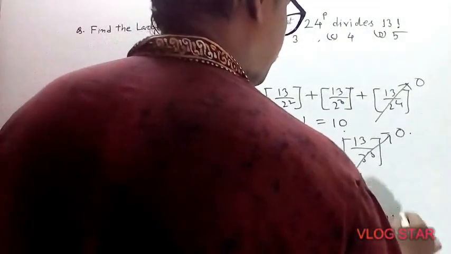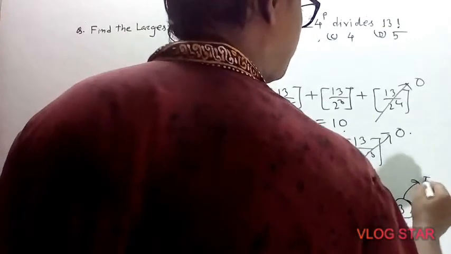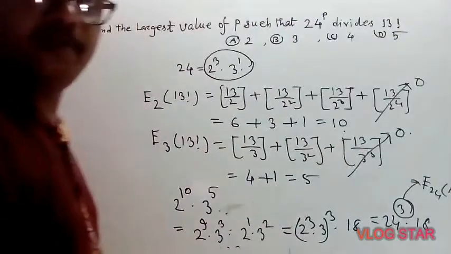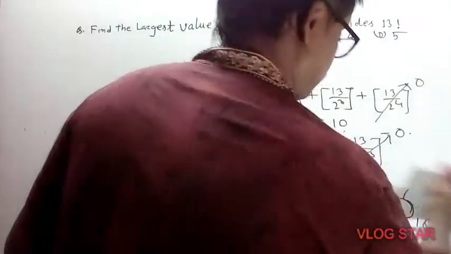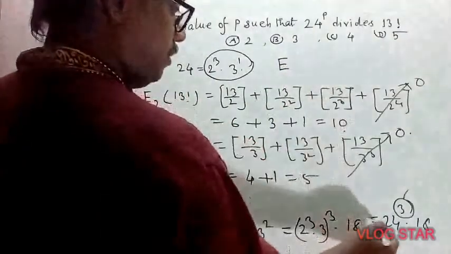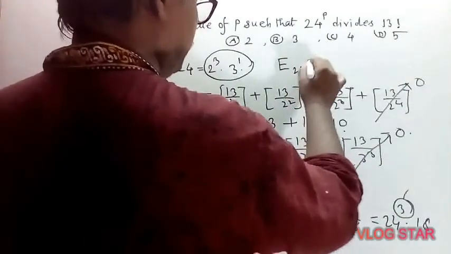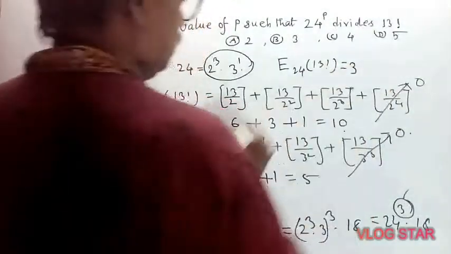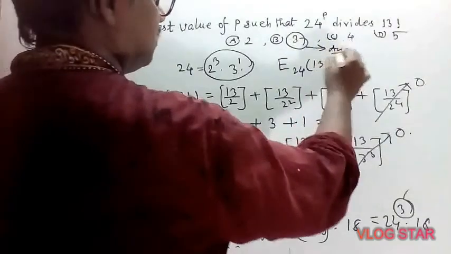Therefore the exponent of 24 in 13 factorial is 3. So this is the answer.